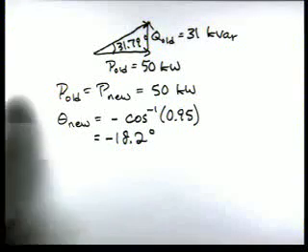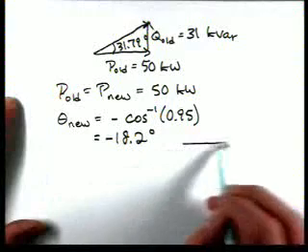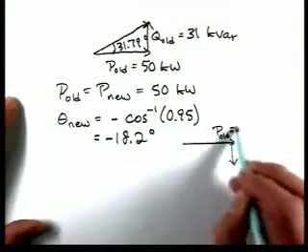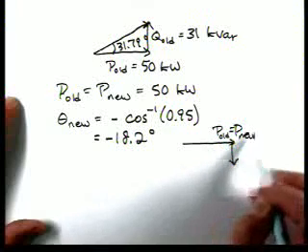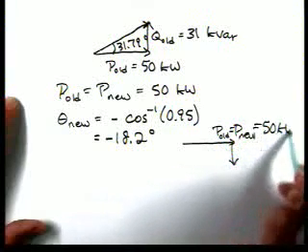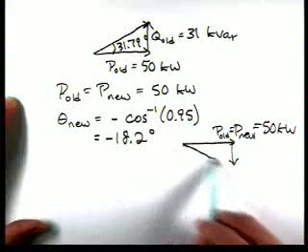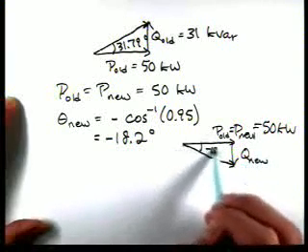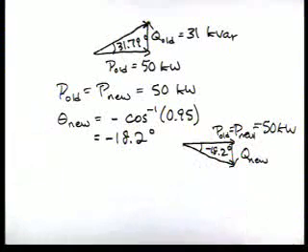So now our power triangle is going to look like this. And that angle is minus 18.2 degrees.